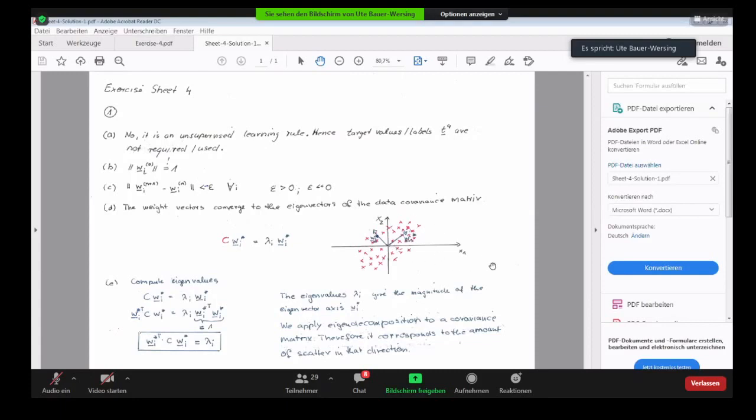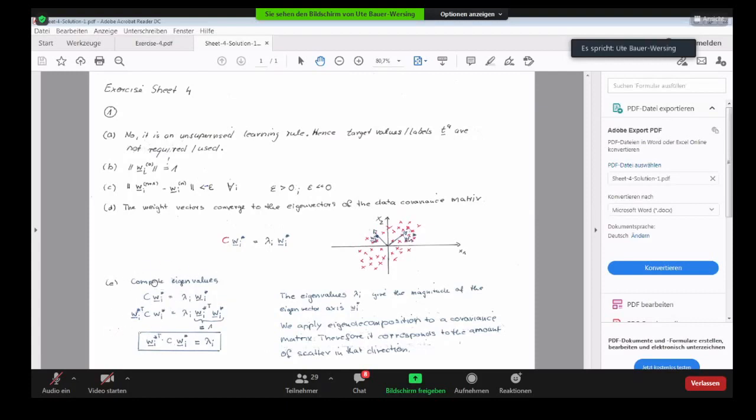Since we have two inputs, we can have two neurons in our linear net. And these are the weight vectors that are learned by the learning rule of Sanger, right? So these are the eigenvectors of the covariance matrix. And this is part C.